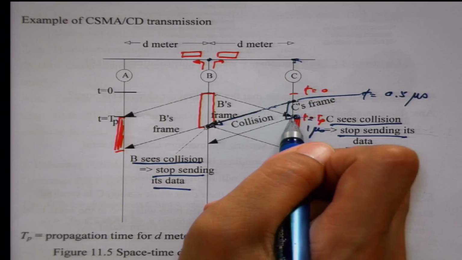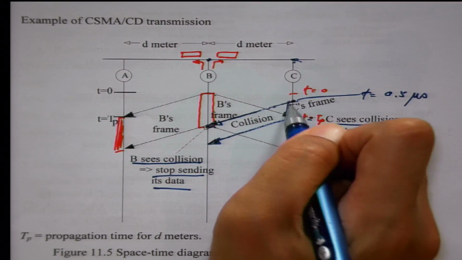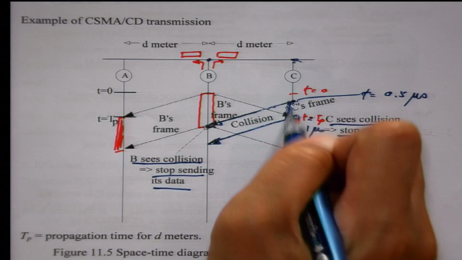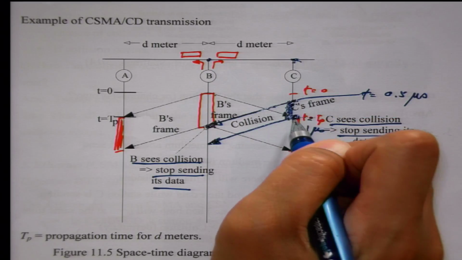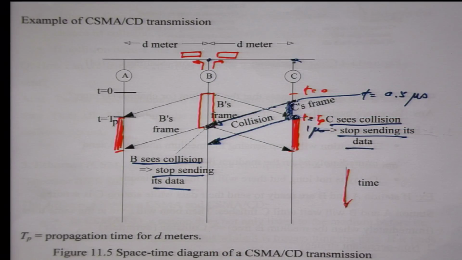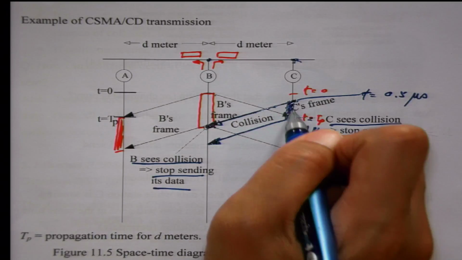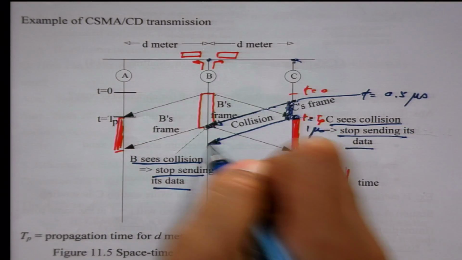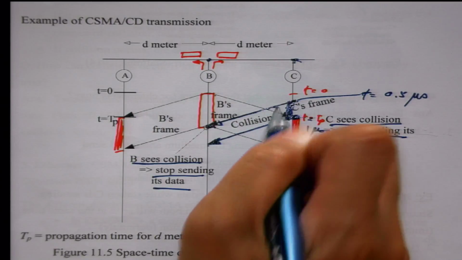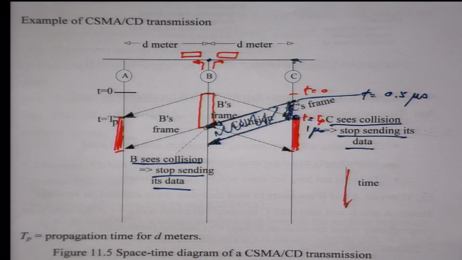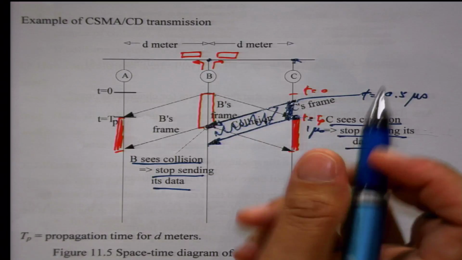C's frame will just stop here. C sent from t equal to 0.5 microsecond to t equal to 1 microsecond, and then C will stop sending. So this is the collision that occurs.